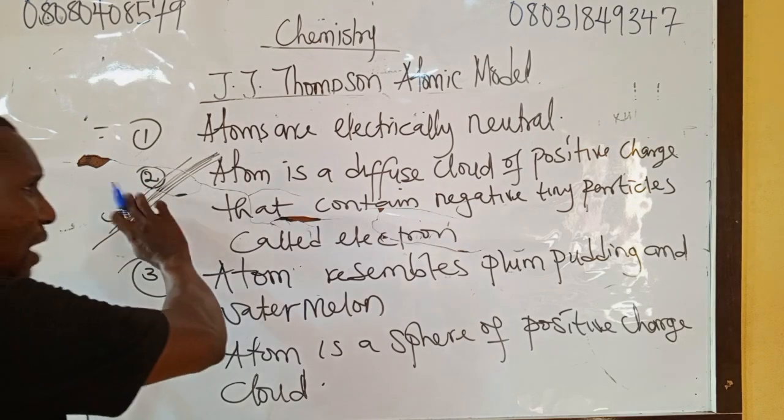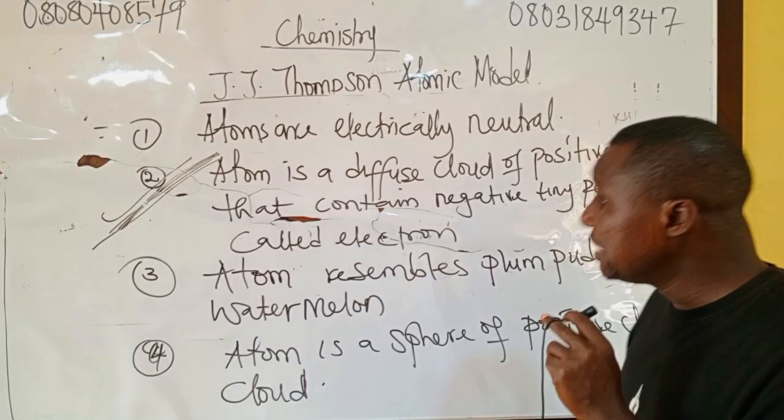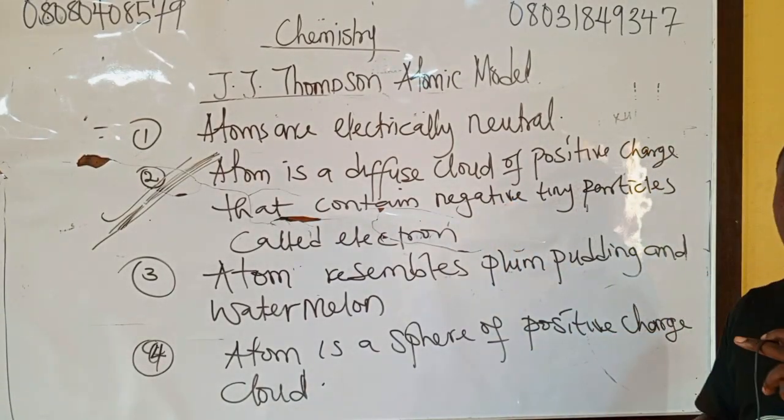Take note, this one came out in JUPEB 2020 or 2021: an atom is a diffuse cloud of positive charge that contains tiny negative particles called electrons.